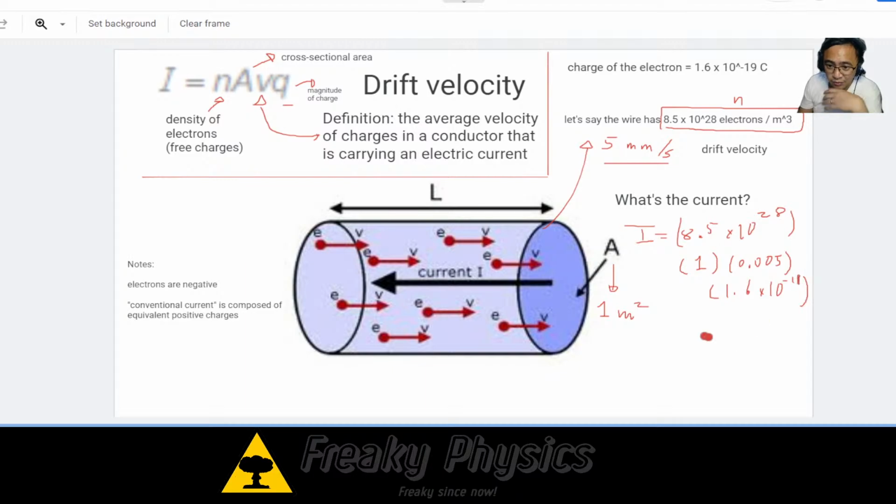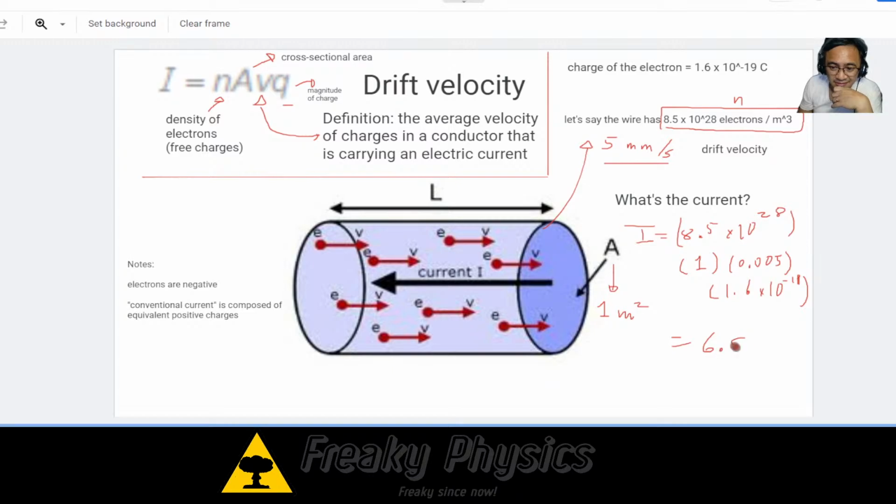So we put that in and calculate. That's 8.5 exponent 28 times 0.005 times 1.6 exponent negative 19 gives us, that is a big current. Don't worry. What did you get?